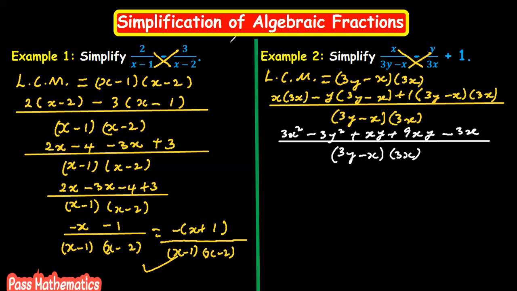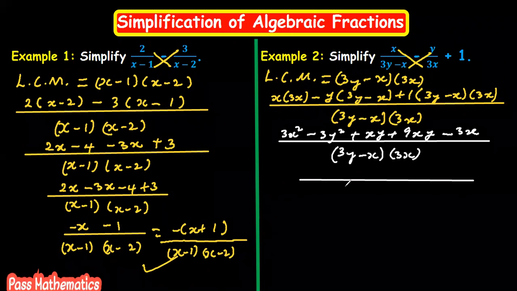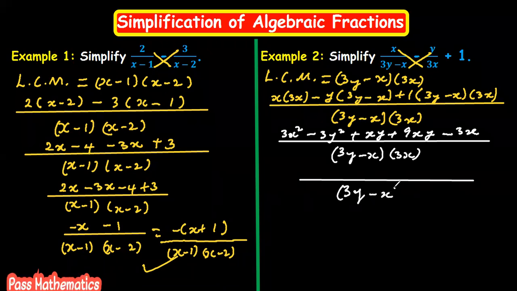And we need our division sign again. We'll quickly draw it again. So let's not forget our LCM, 3y in brackets minus x close, and then times 3x.